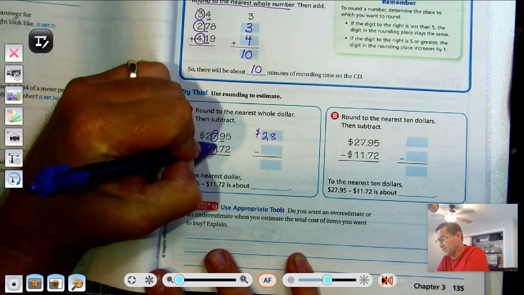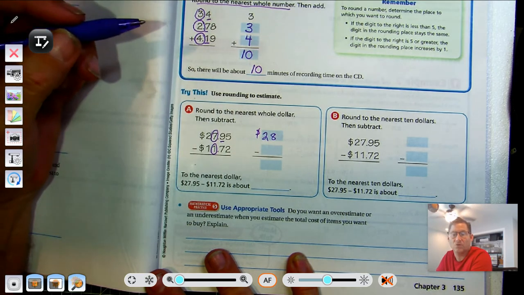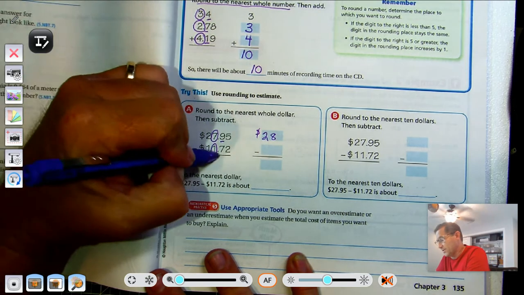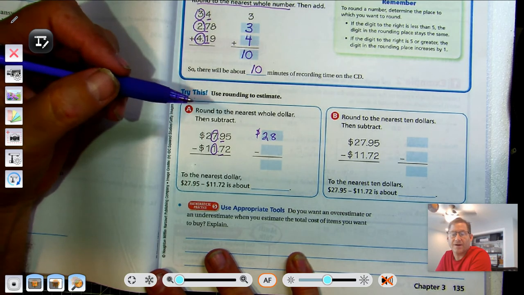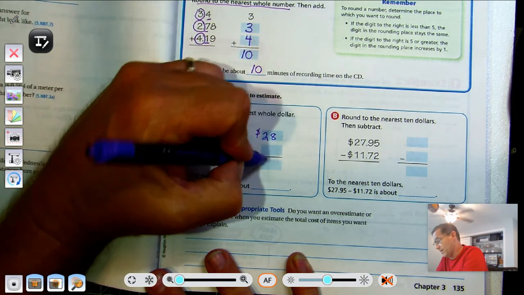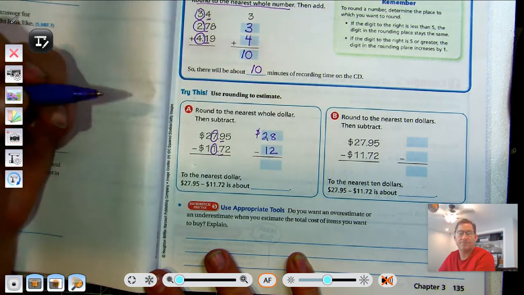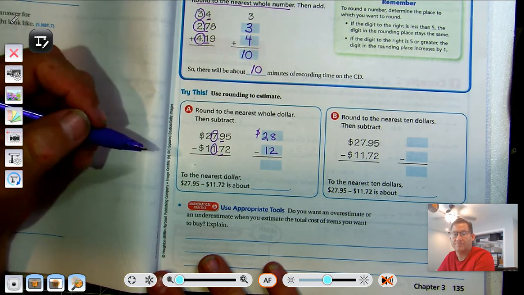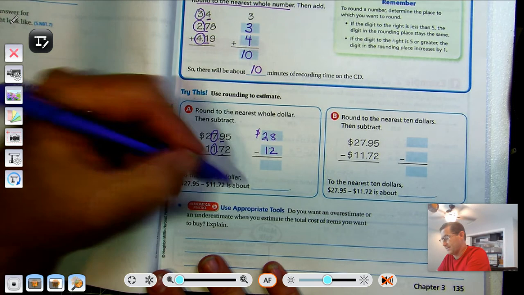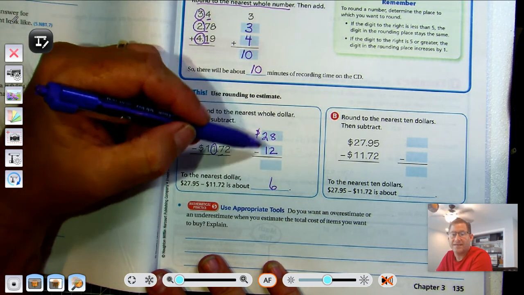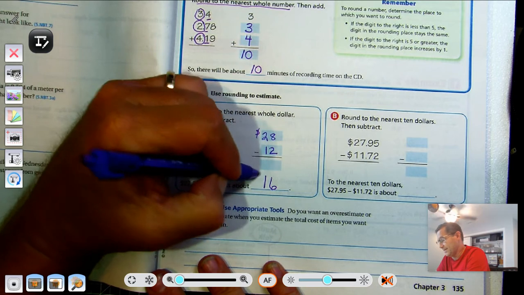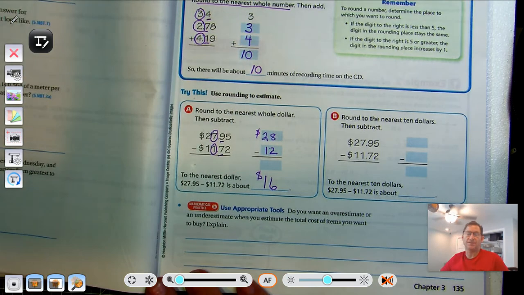We want to round to the $1, and look to the right, the 7 tenths. That's greater than 5, so let's round up to 12. Now subtract. 28, 8 take away 2, leaves me 6 ones, and 2 tens take away 1 ten is 1 ten. So about $16.